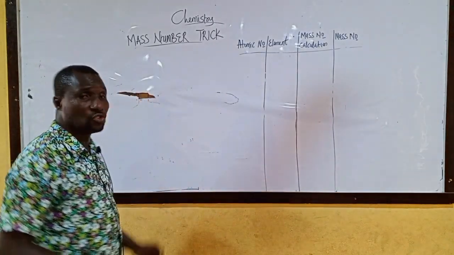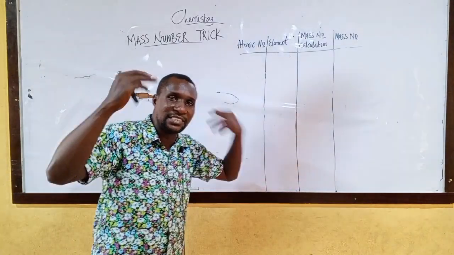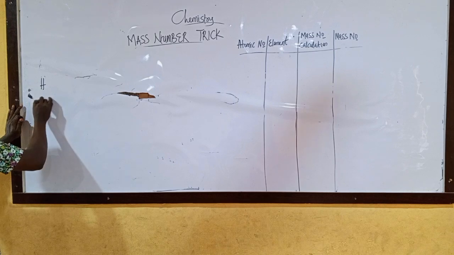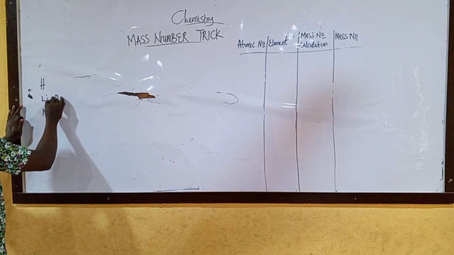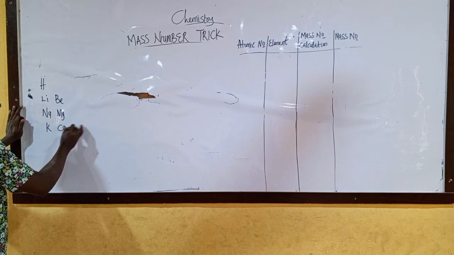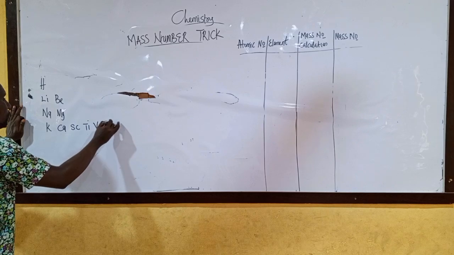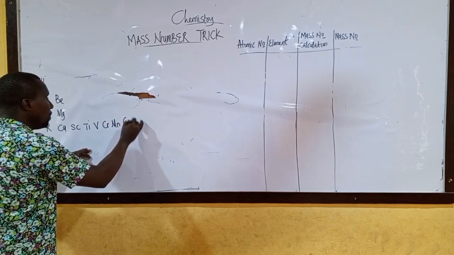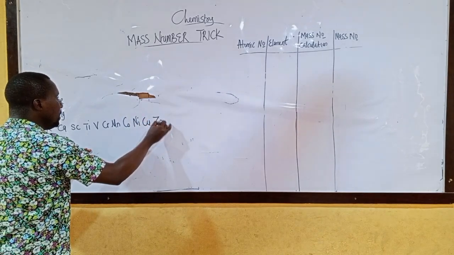Before I give you the trick, let me give you the periodic table of the first 30 elements, where you have hydrogen, lithium, sodium, potassium, beryllium, magnesium, calcium, scandium, titanium, vanadium, chromium, manganese, cobalt, nickel, copper, zinc.